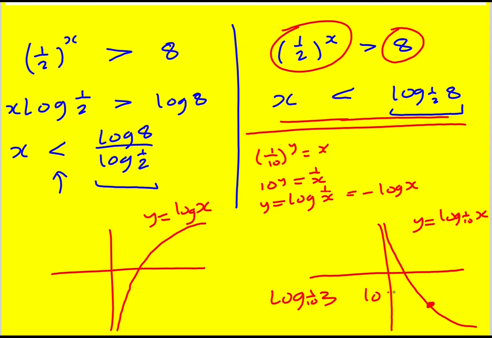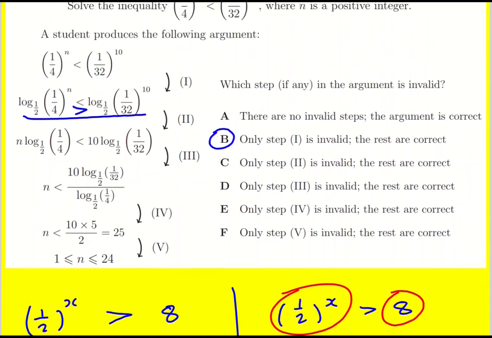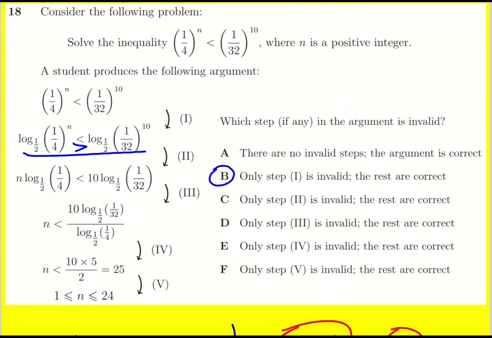Then I compare it with log to base 1 over 10 of 2, and I can see that actually this one is bigger. The same applies here. I've got 8 and I've got a half to the x. When I do log to base a half of 8, if this is bigger, then when I do log to base a half of x, it's going to swap around. This is now going to be smaller. So that's my justification.